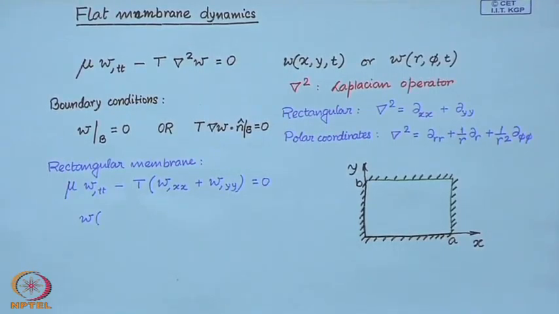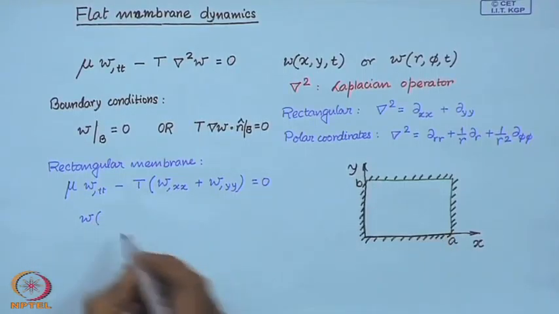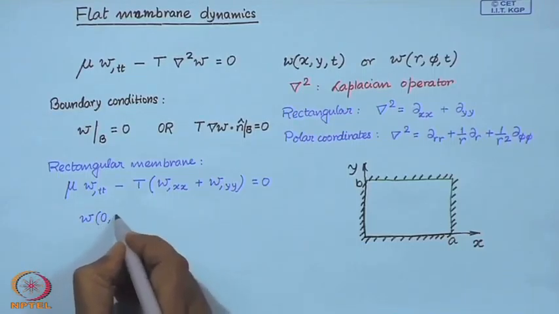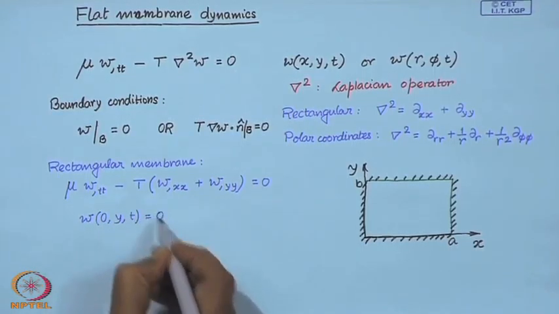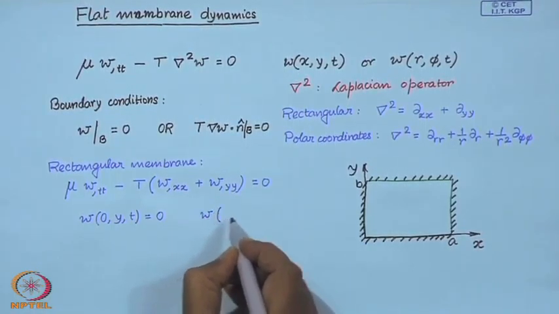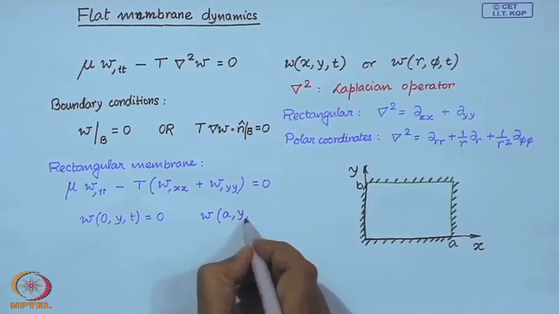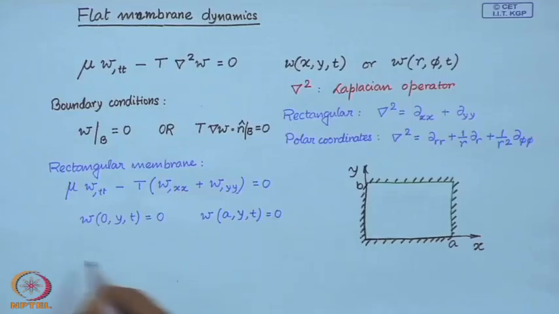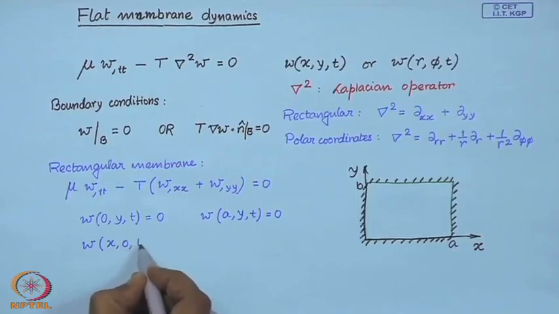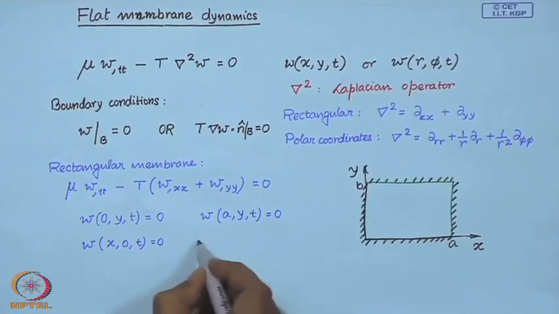So, we have W at x equal to 0, which is the y axis, and for all y and all time, at x equal to a, for all x at y equal to 0, which means the x axis.